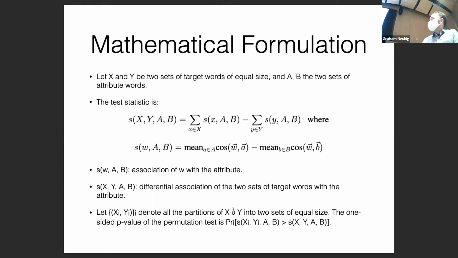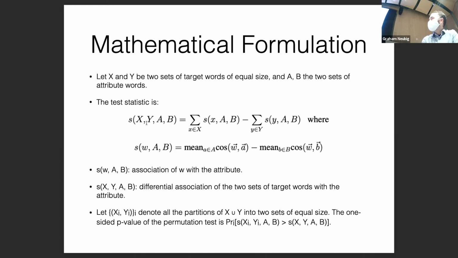And so the mathematical formulation is basically what we want to check is something that looks like this, where s(w, A, B) is the association with the attribute, and it's the mean cosine similarity between the word itself and all of the words in the class A, and the similarity between the word itself and all of the words in the class B. And then the thing up here is the differential association between the two sets of the target words.